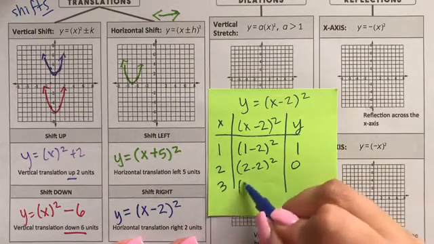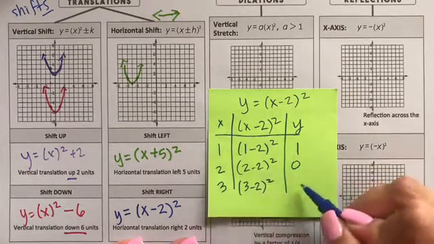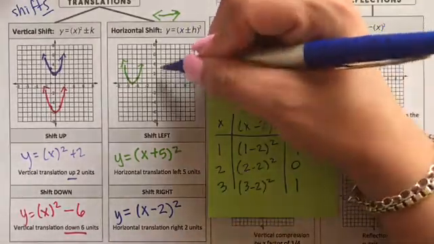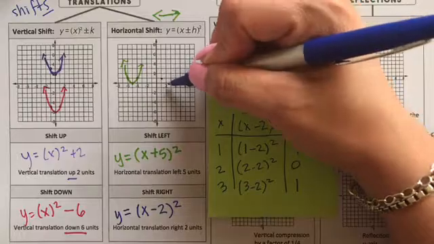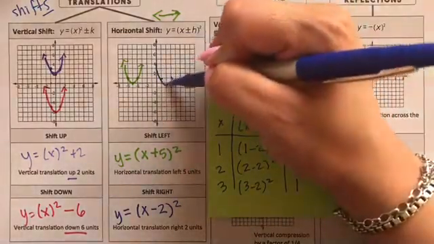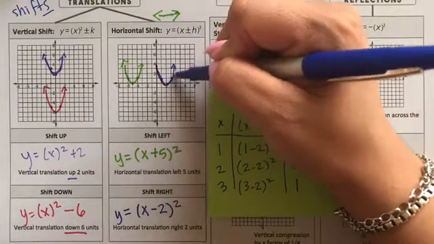And then (3 minus 2) squared is 1. So let's graph: (1, 1), (2, 0), and (3, 1). I want to go through those points.